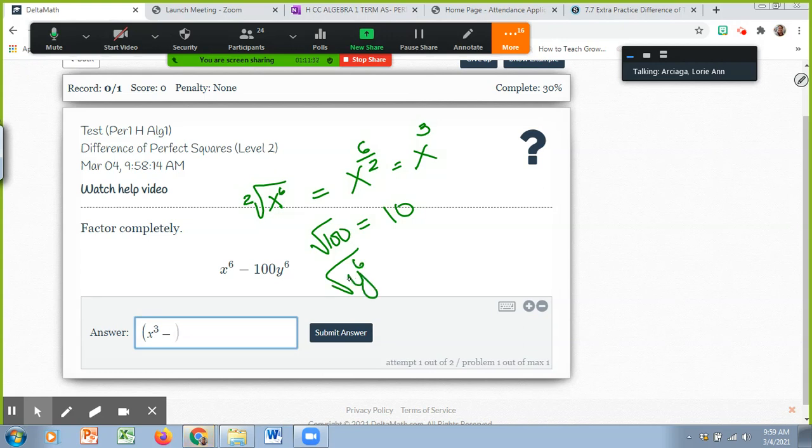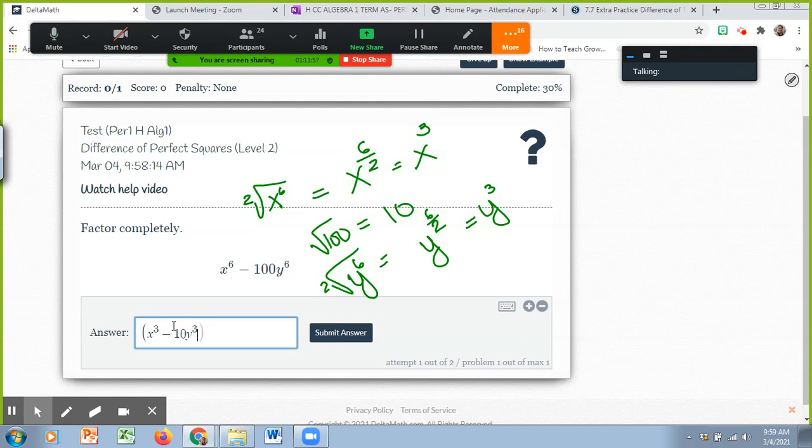Okay, the square root of y to the 6 is, if you divide, or you put the index over here, you get y to the 6 over 2. So that's gonna be y to the third power. Alright, so let's put 10y to the third.